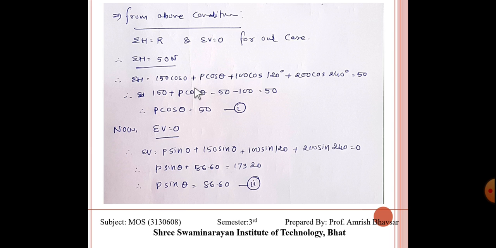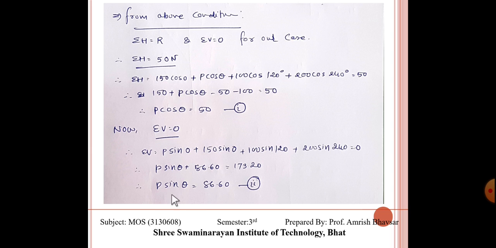Now, sigma v, we know that sigma v is equal to 0, but put sine instead of cosine there. So sigma v is equal to P sin theta plus 150 sin 0, plus 100 sin 120, plus 200 sin 240, equal to 0.